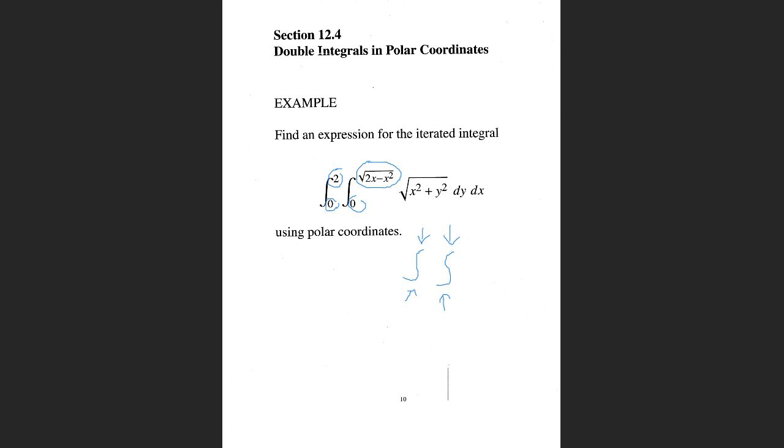We have to get x and y in terms of r, and we know that dA is going to be r dr d theta. That's true. But how am I going to find my limits with respect to r and my limits with respect to theta?